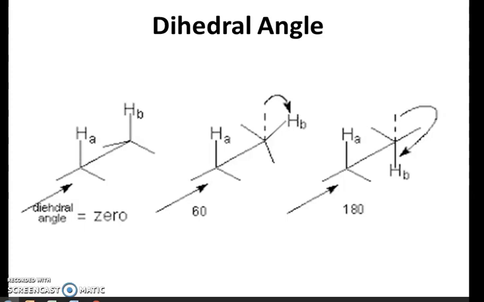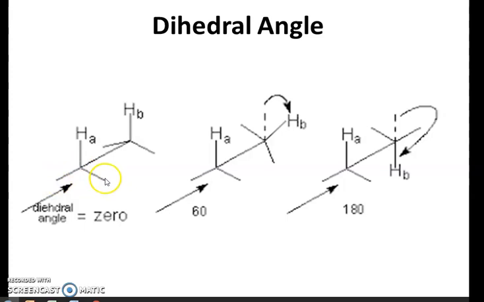Today we will discuss the dihedral angle. What do you mean by the term dihedral angle? In order to understand it, we'll go back to the Sawhorse representation of ethane. This is the ethane molecule. This is the front carbon with three hydrogens, and here you have the back carbon, which also has three hydrogens.